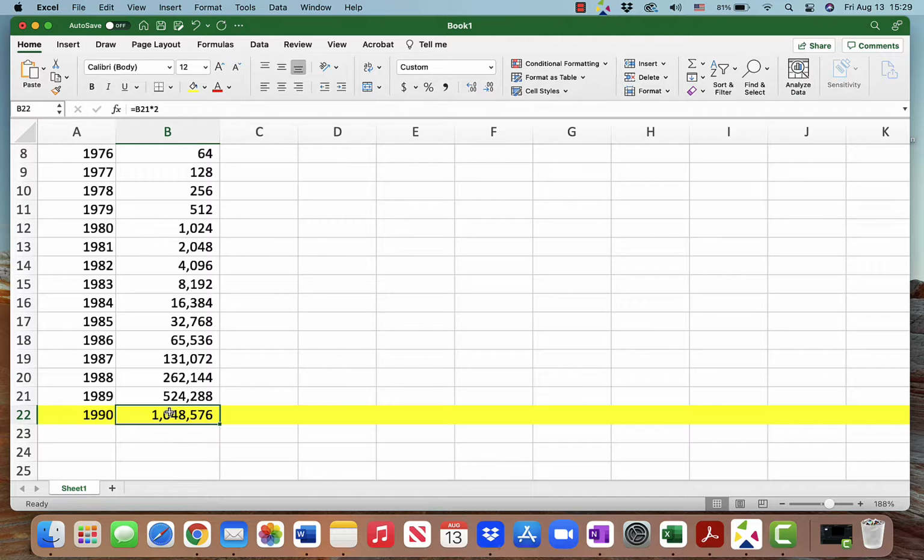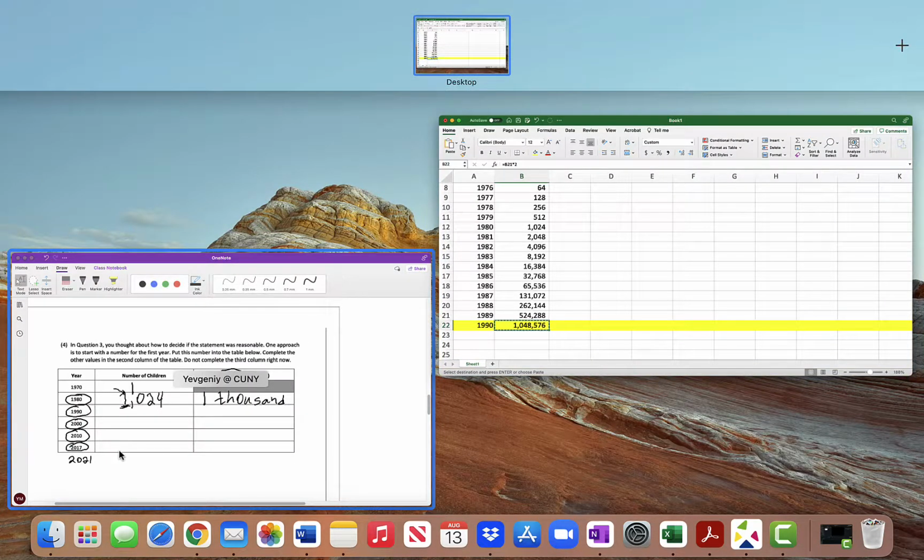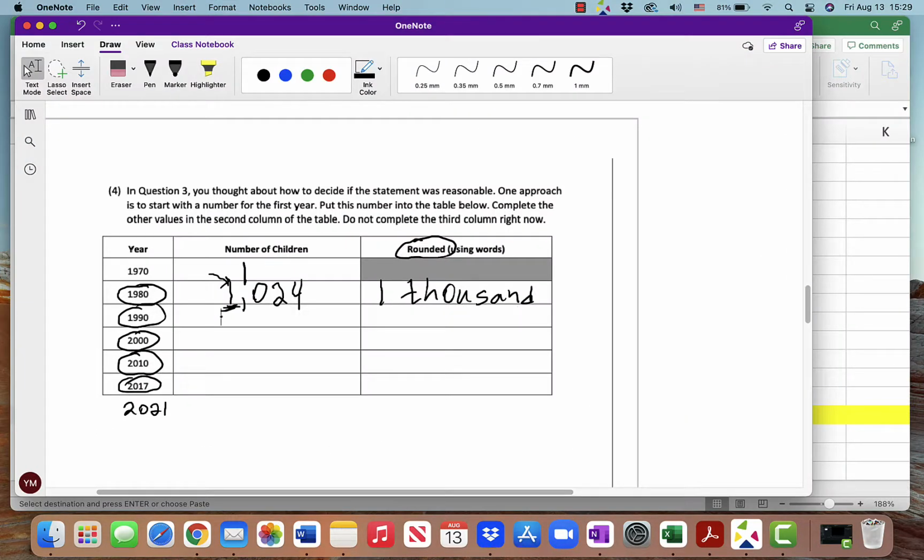Alright, so let's go ahead. I think I can just copy and paste that inside that table. Let me try this out. It's kind of large here. Yeah, I'll just type it up.